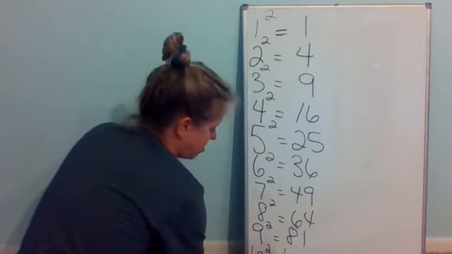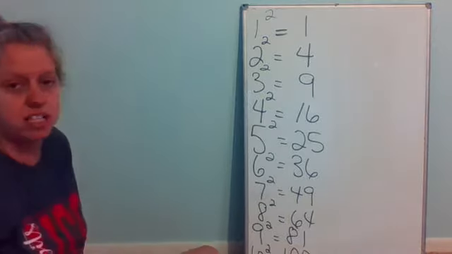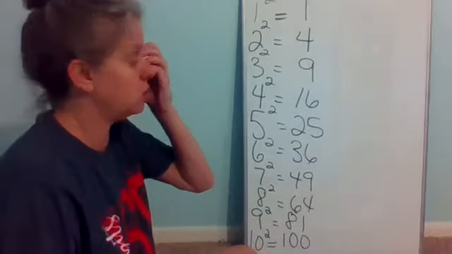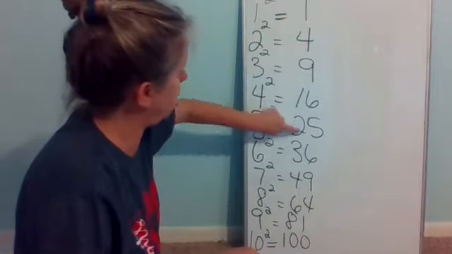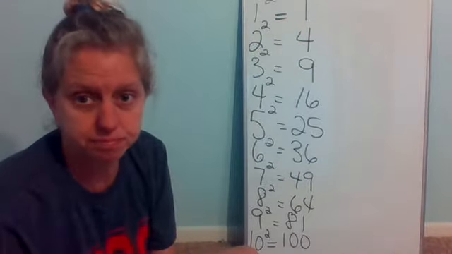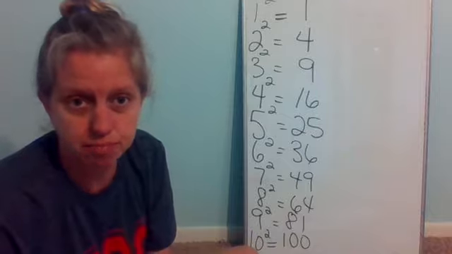And 10 squared is 100. So that's your first 10 perfect square numbers. All of the numbers in this column are called perfect squares because I squared something to get them.